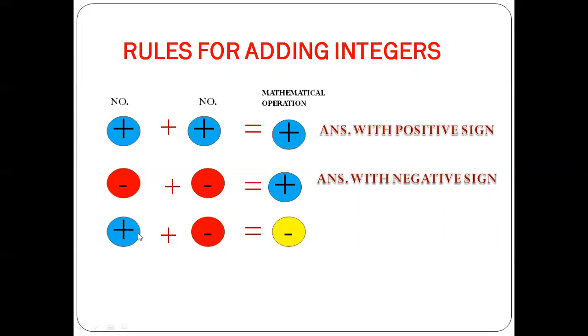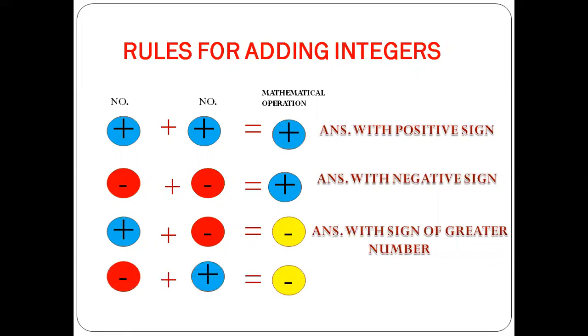And whichever answer we get, it will have the sign of the greater number. If the positive number is bigger, then the answer will have the positive sign. If the negative number is bigger, ignoring its sign, then the answer will have the negative sign.